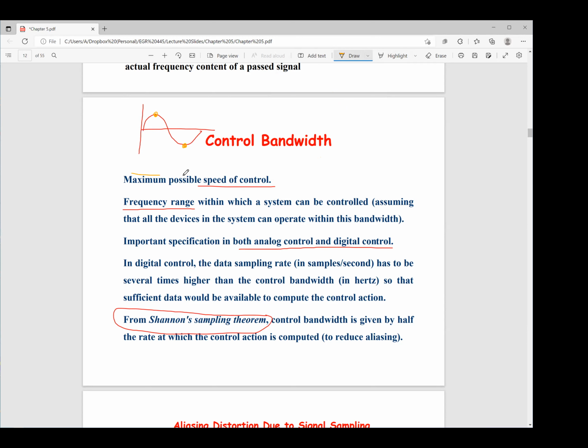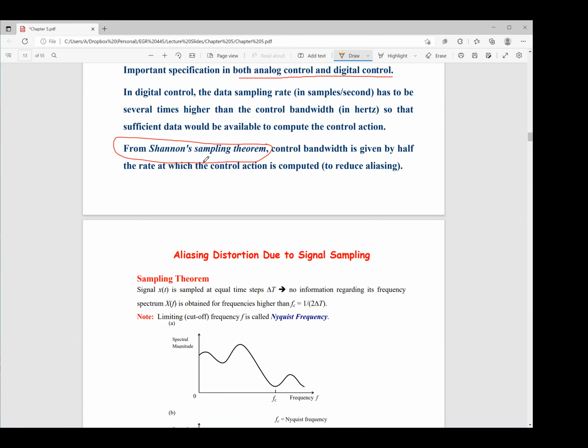Only then would I be able to represent this signal very crudely. Again, I agree, this is not an accurate representation, but I am able to find out the peak values. So I need to do the sampling at least at twice the frequency of the signal just to capture the signal characteristics. That is called Shannon's sampling theorem.